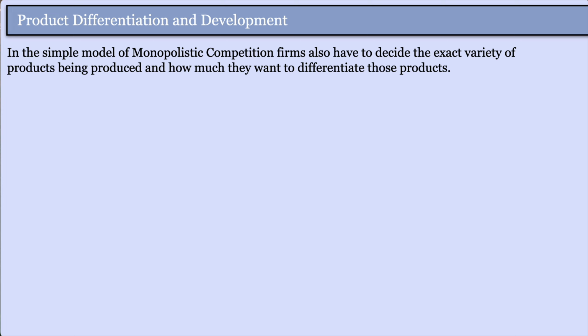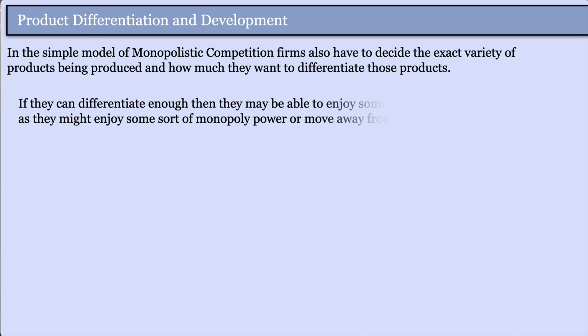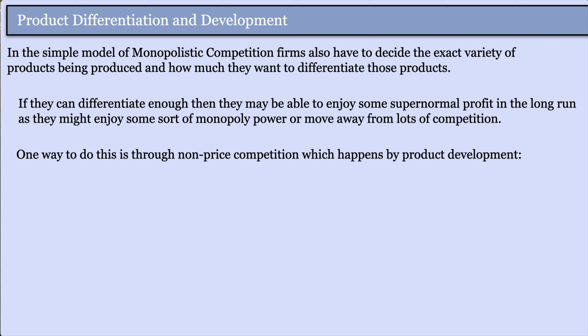So there's a big argument that in monopolistic competition, the firms will differentiate their products and develop them. And basically, if you can differentiate them enough, then they're able to enjoy some supernormal profit in the long run. In other words, you're moving away really from monopolistic competition to being able to keep some of that profit, because you're going to find that there's brand loyalty and things like that.